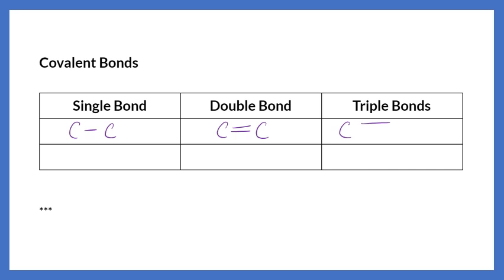And a triple bond is when you have 3 bonds between your elements. Okay? The single bond is strong. The double bond is stronger than the single bond. And the triple bond is the strongest. Okay.